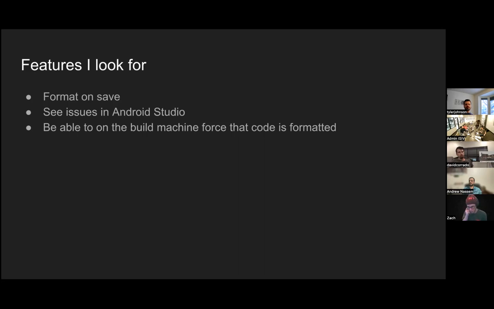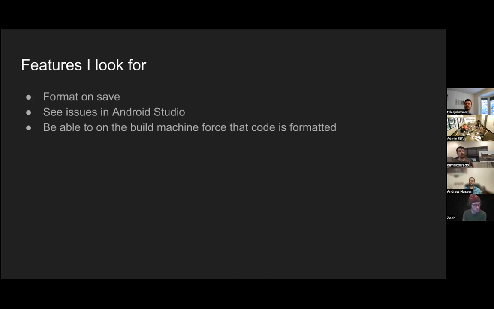Also, you can see your issues in Android Studio. Android Studio already shows linting errors, but these would be the errors that are specific to the tool that you're running. And you want to ensure that consistency is followed by everybody.